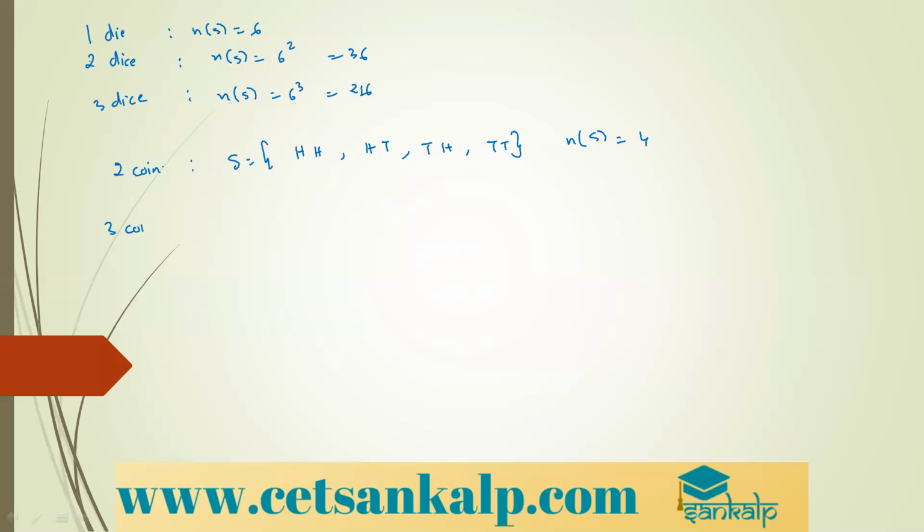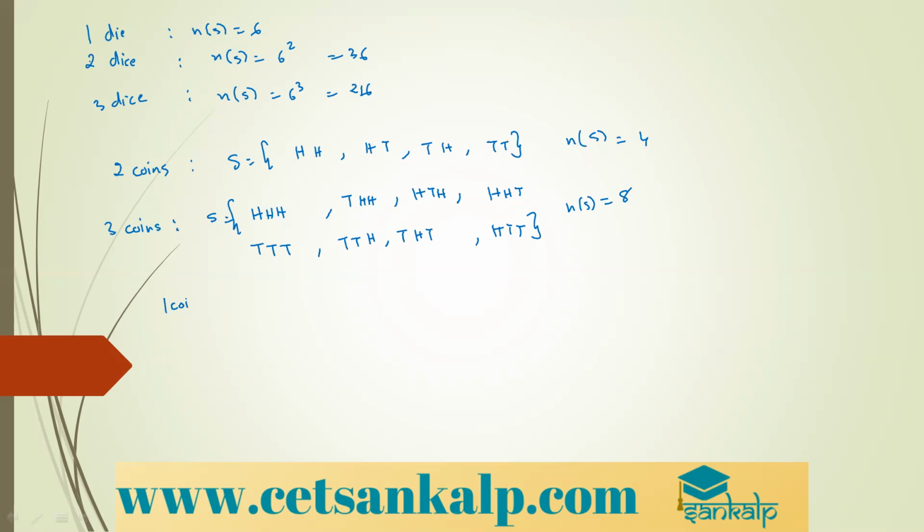If 3 coins are tossed, the sample space will have HHH, HHT, HTH, HTT, THH, THT, TTH, TTT, and that's it. So N of S will be 8.